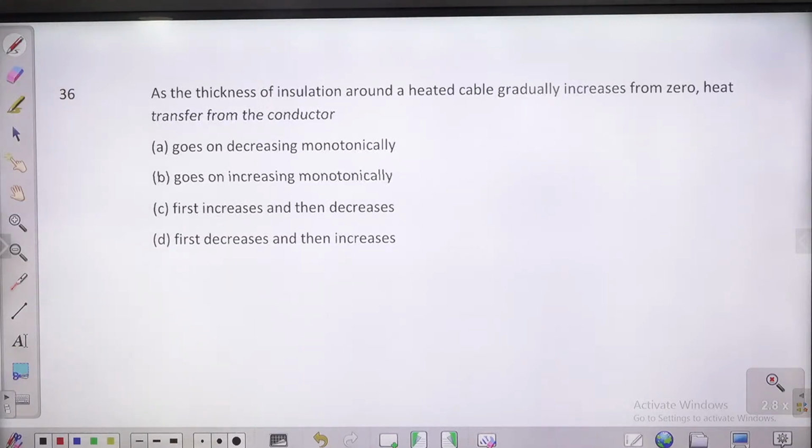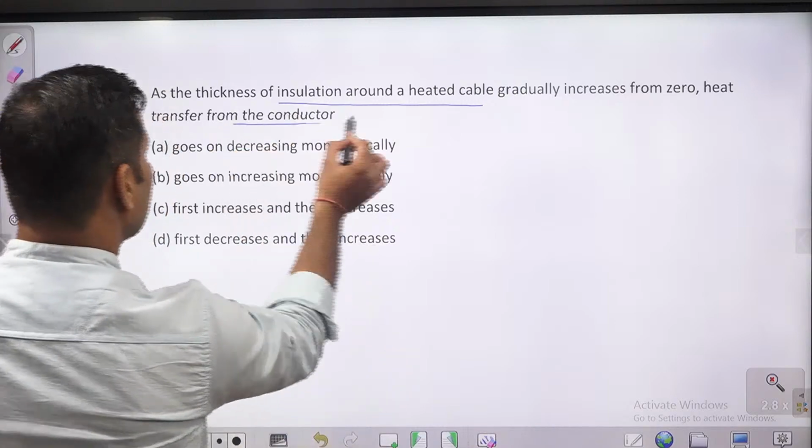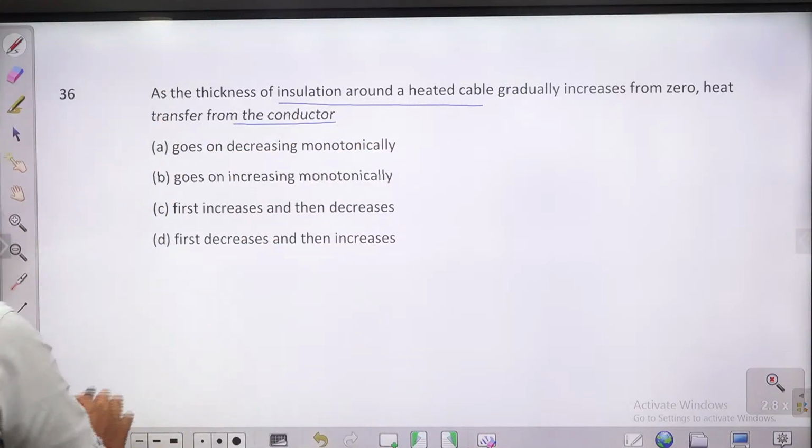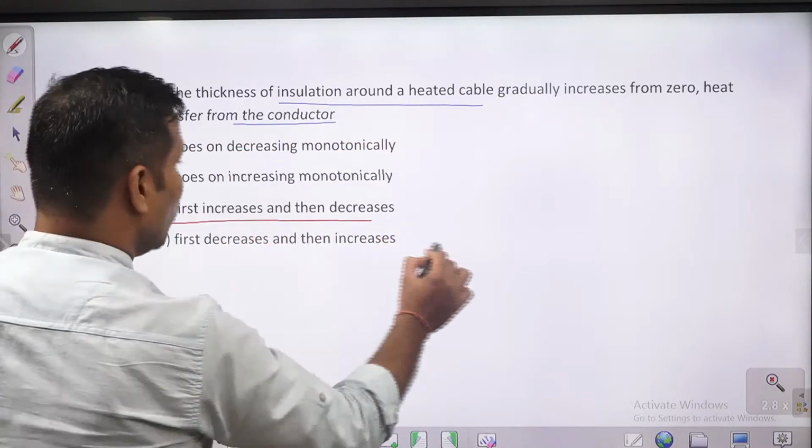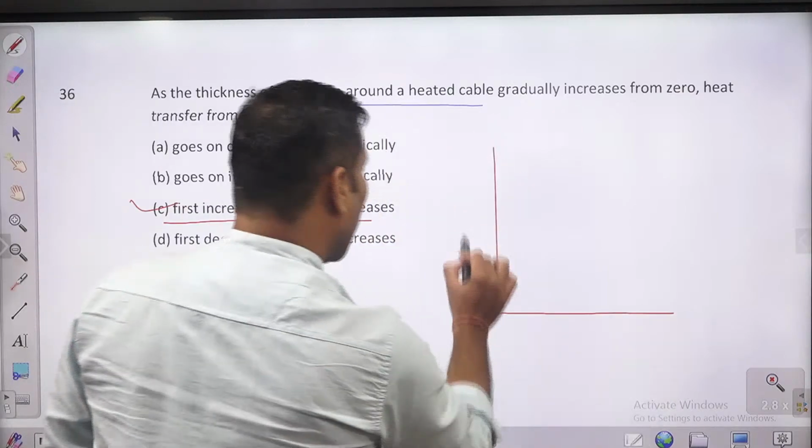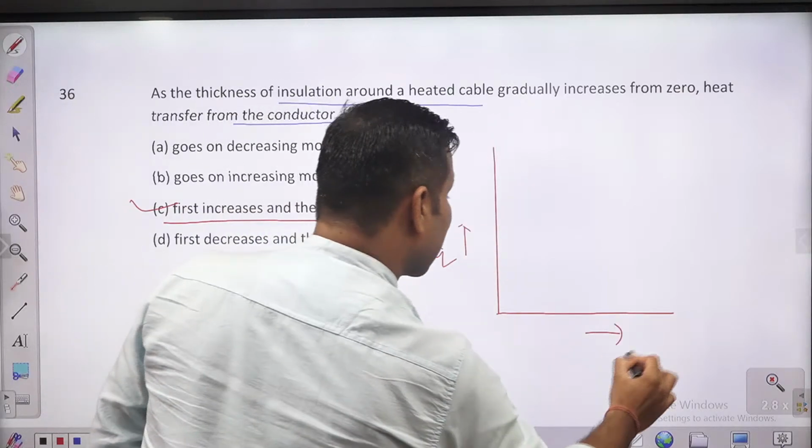As the thickness of insulation around a heated cable gradually increases from zero, what will happen? First the heat transfer is going to increase and then it will decrease. If you are increasing the thickness, you are increasing the radius of insulation.